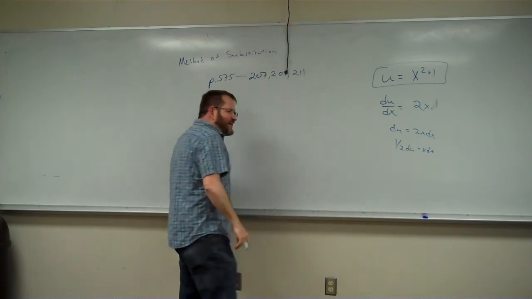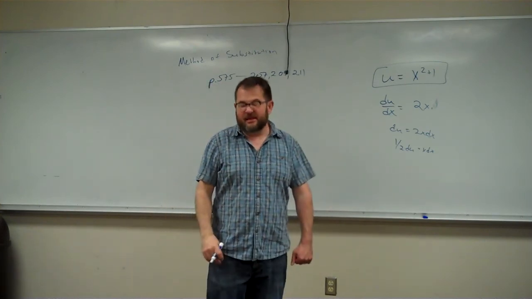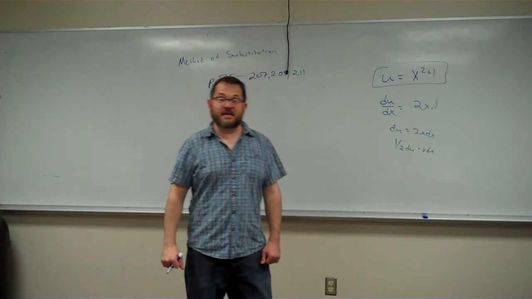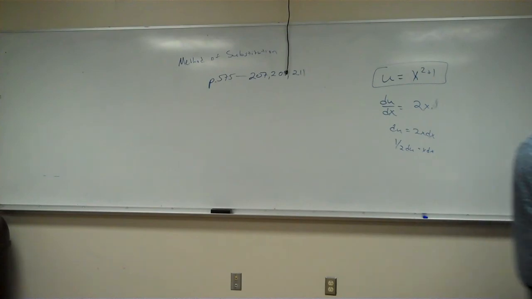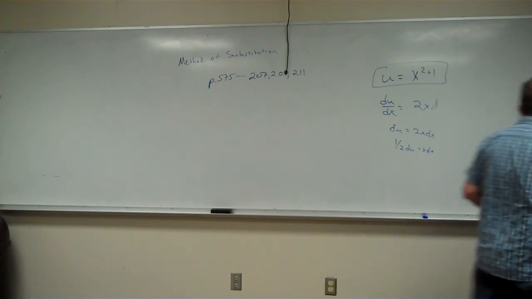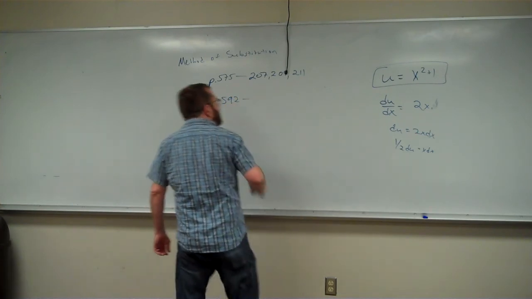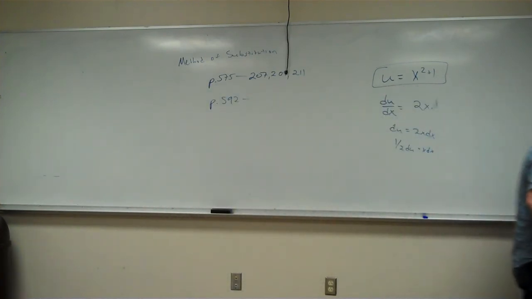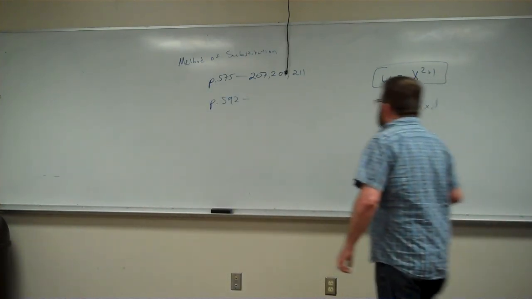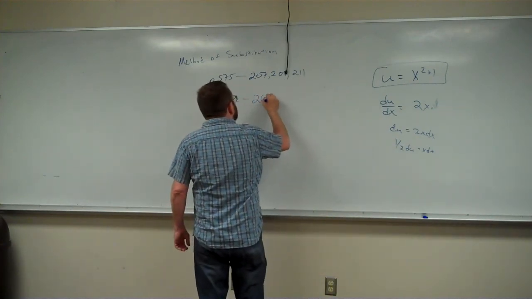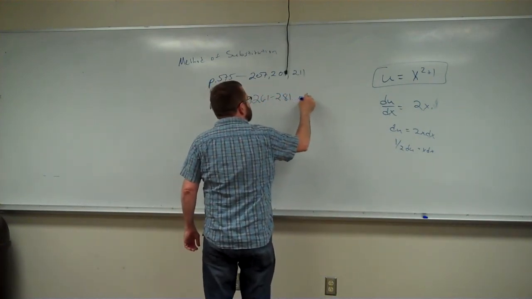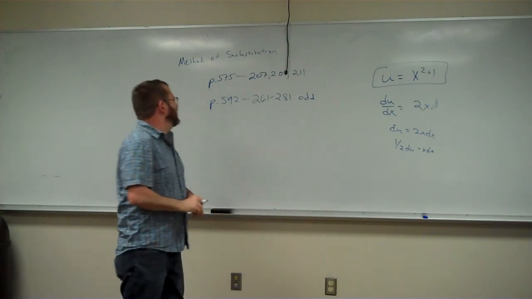The rest of that section is actually pretty much just different ways of saying fundamental theorem of calculus yet again. I don't think we need to do that yet again. And then go forward into today, which is page 592, and you would do 261 to 281 odd. Which again is not exactly a huge assignment. I mean, that's only like 10 or 11 problems, something like that.